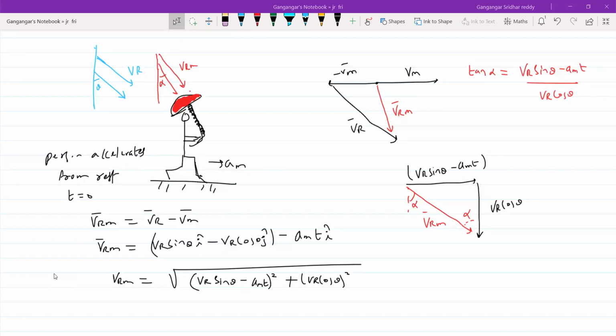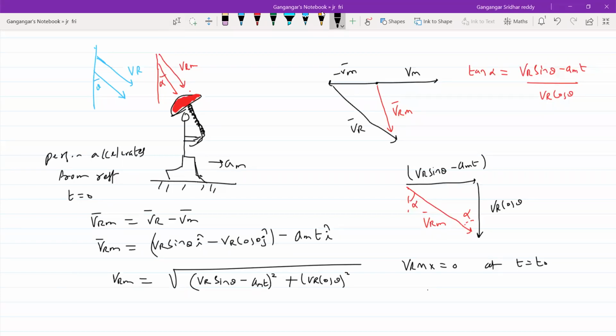Shall I write that? Or here what you should equate is, the i component should become 0. So here the i component should become 0. So Vr sine theta equals Amt. So I'll write down the time. Vrmx equals 0 at time T0.